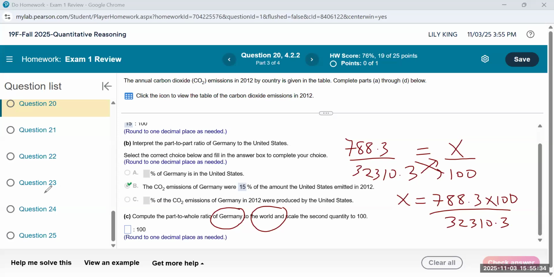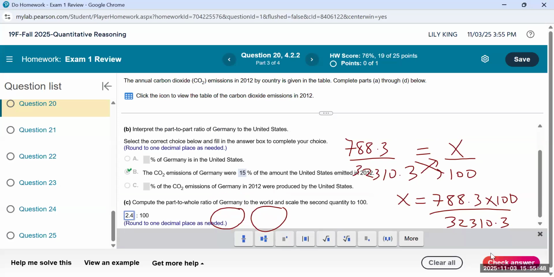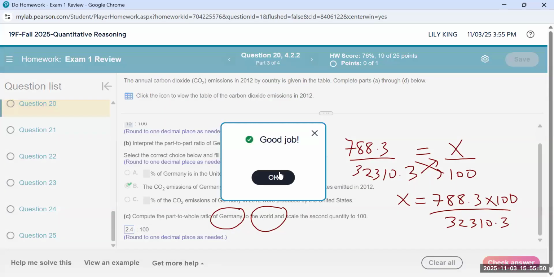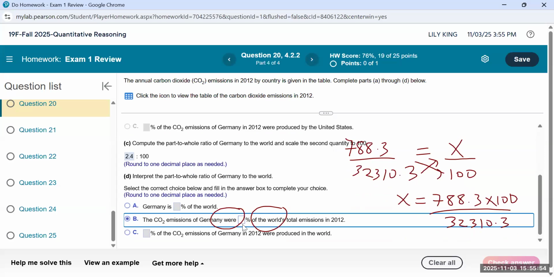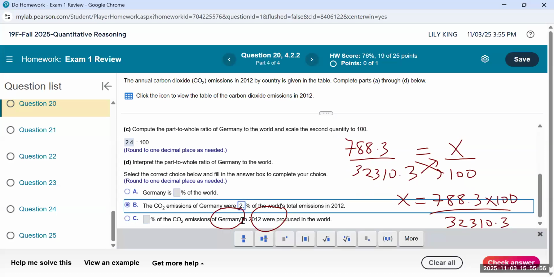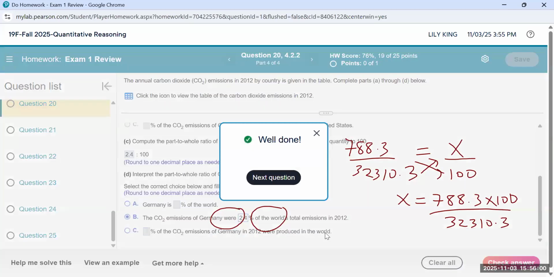And we have to leave this also in 1 decimal place. And that is 2.4. Now using that in a meaningful sentence, the carbon dioxide emissions of Germany were 2.4% of the world's total emissions in 2012.